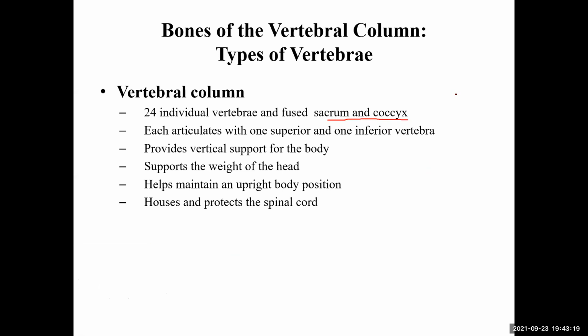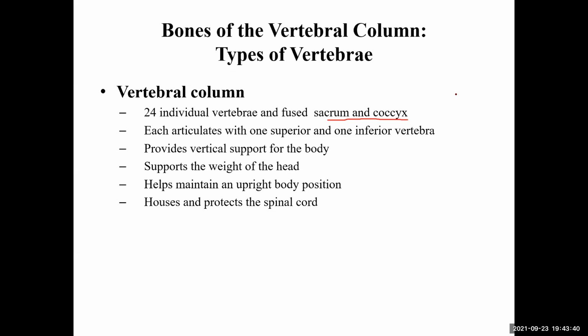And both the sacrum and the coccyx at one point were also individual vertebrae that have fused together. The sacrum used to be 5 individual vertebrae, but they fused into one bone, and the coccyx was about 3 to 5 vertebrae, and that fused into one bone and then attached itself onto the sacrum.